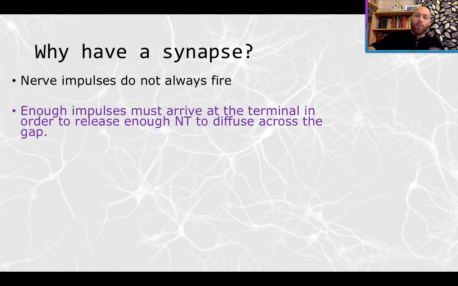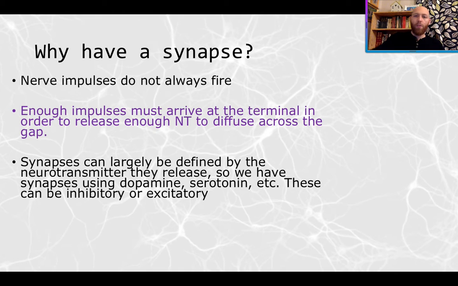And one of these is this idea that you have to have enough neurotransmitter to diffuse across the gaps, all ganging up on the cell, essentially trying to activate it, and if enough of them do, then it will cause an action potential. Now, a synapse can be defined more or less in one of two ways. It can be said to be inhibitory or excitatory.